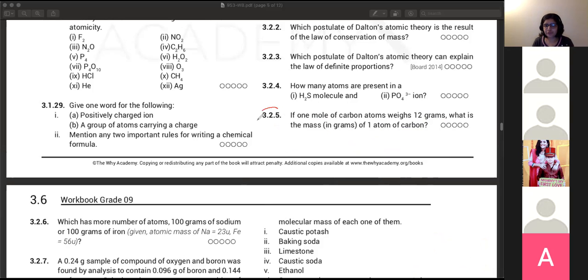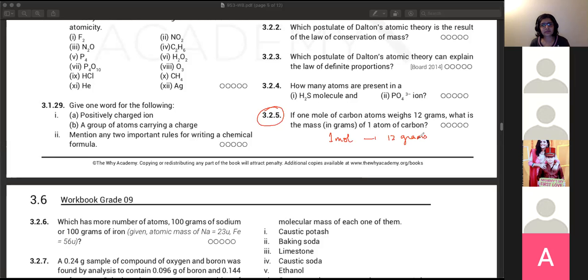So 3.2.5. Tashvi, tell me what is given in the question. Just read the question and tell me what is given. Ma'am, the weight of 1 mole of carbon atoms is given. Yes.